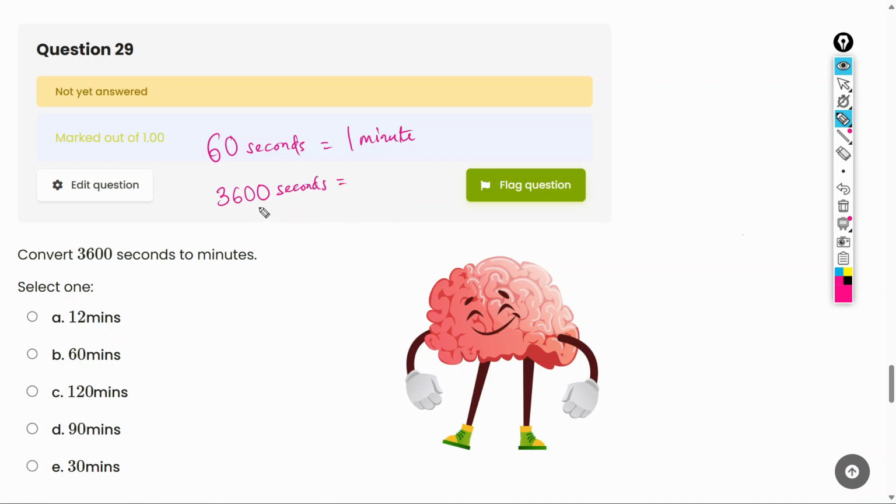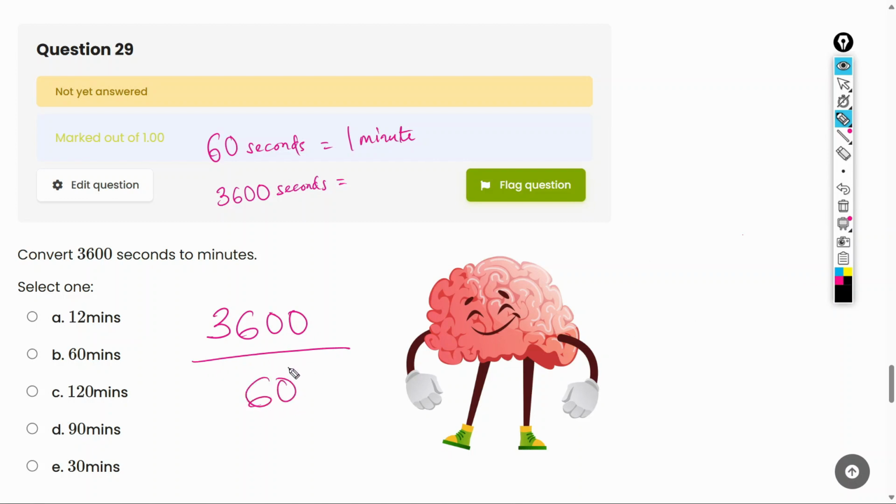Now, since we are changing from seconds to minutes, we are moving from a smaller unit to a bigger unit. Whenever you're moving from a smaller unit to a bigger unit, you divide. When you're moving from a bigger unit to a smaller unit, you multiply. But in this case, smaller to bigger, so we divide. So 3,600 divided by 60.